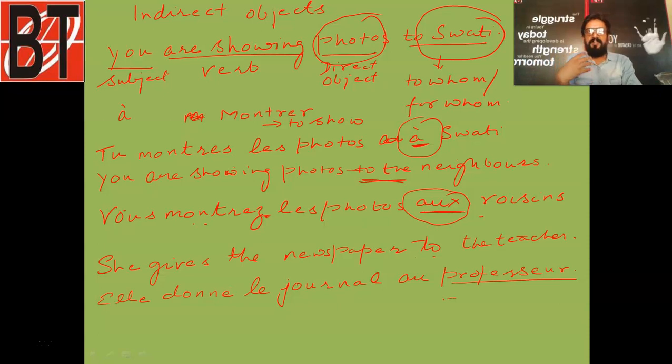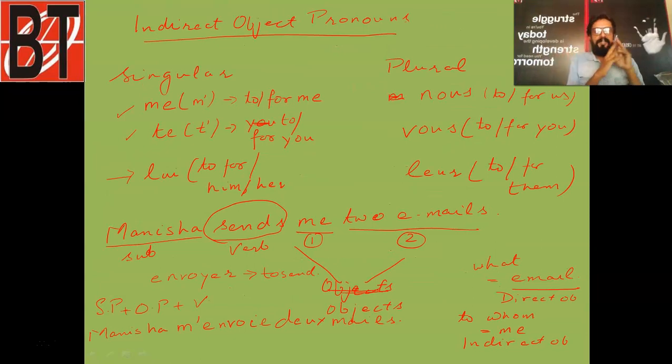So when we are saying whom, the picture of the people, the picture of pets come to your mind. The very next most important part of this chapter is to know how to write the indirect object pronouns.